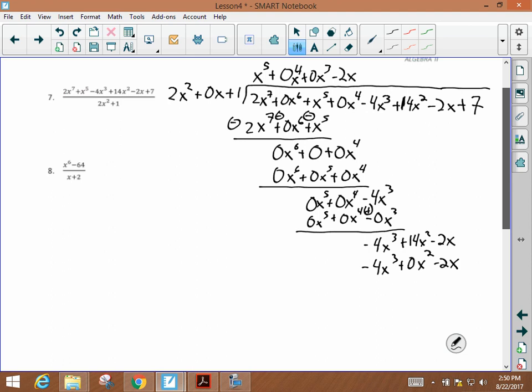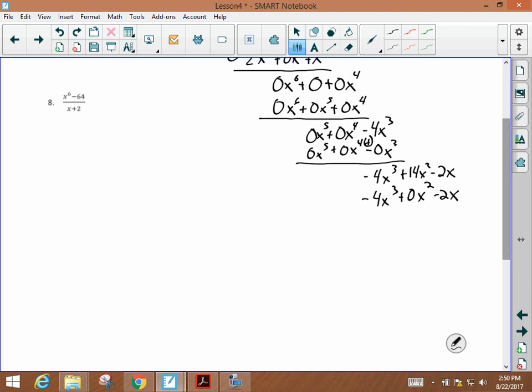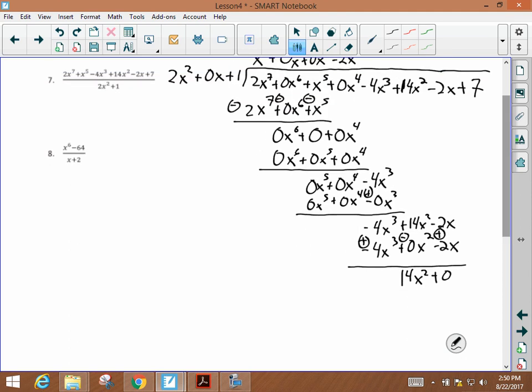So let's go ahead and change the sign and add. All right, here we go. So I'll wind up with a 14x squared here and a 0 here, but I'm also going to need to drop down my 7.